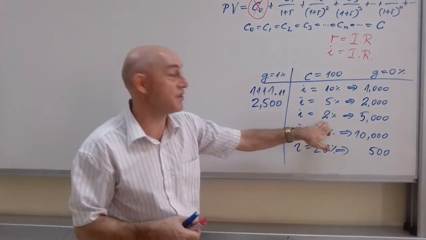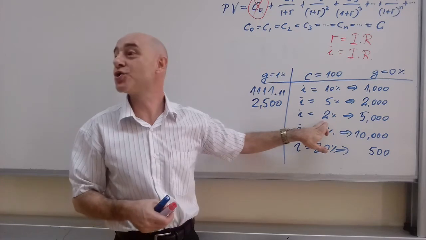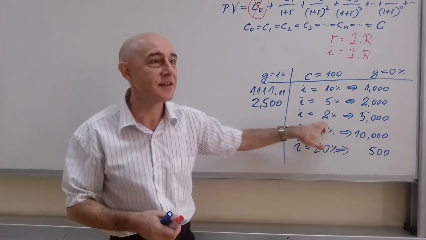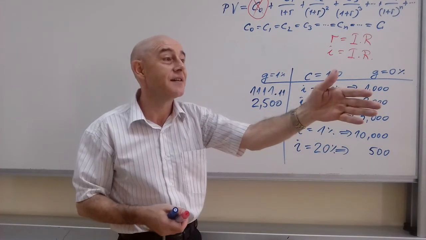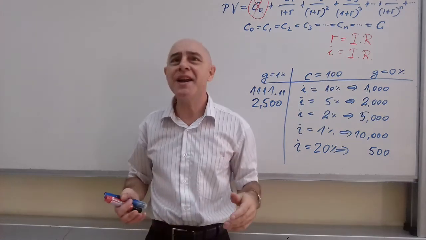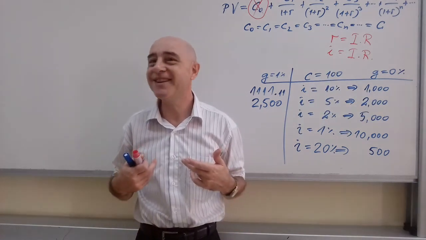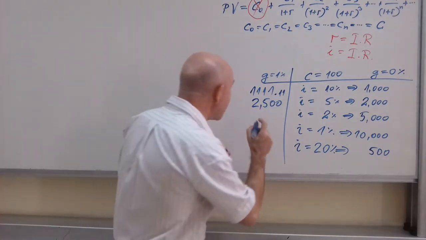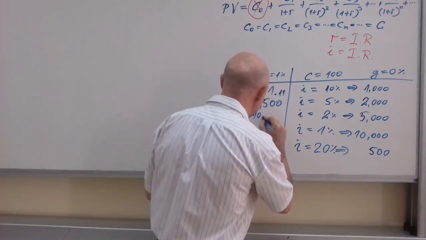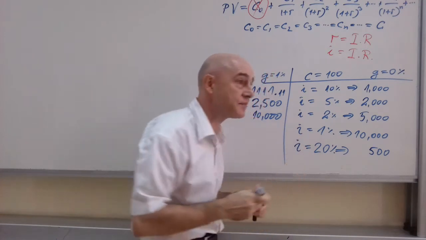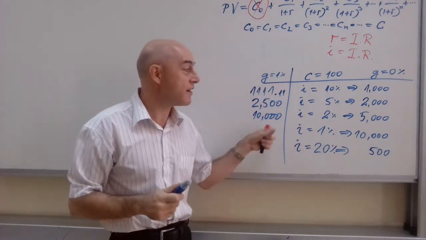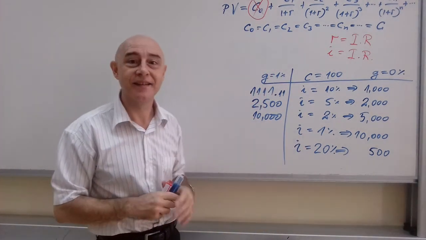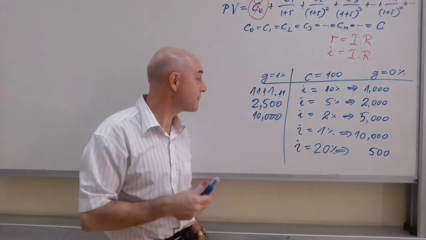Next one is even easier. Old school says 10,000. And next one.